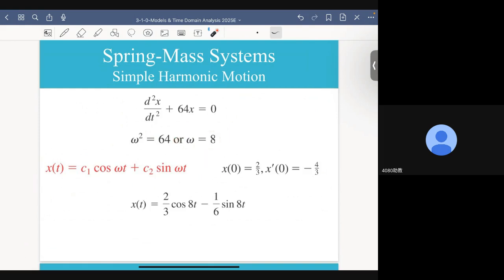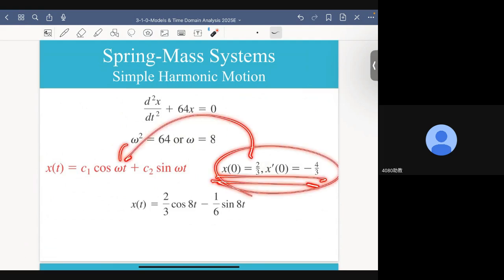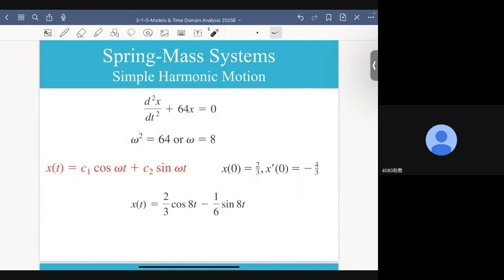Now, assuming these are my initial conditions, initial displacement and initial velocity. Now, by imposing these two conditions to this representation, it can be easily shown that the value of C1 is 2/3, and the value of C2 is -1/6, okay?